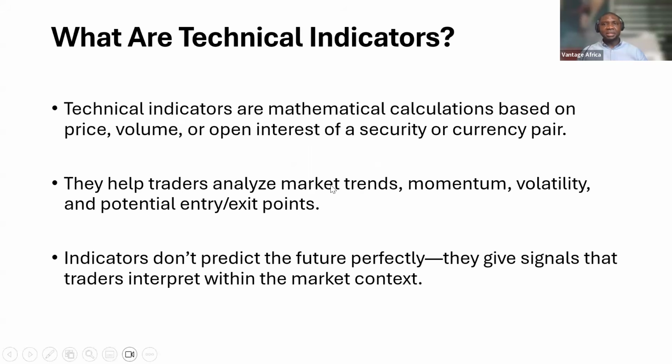Technical indicators are mathematical calculations based on price, volume, or open interest of a security or currency pair. There's something you'll notice about the market. There's a mathematical efficiency that happens in the market. You wonder sometimes, is this market being controlled by something? You will see price come to certain levels that you will expect it to come to.